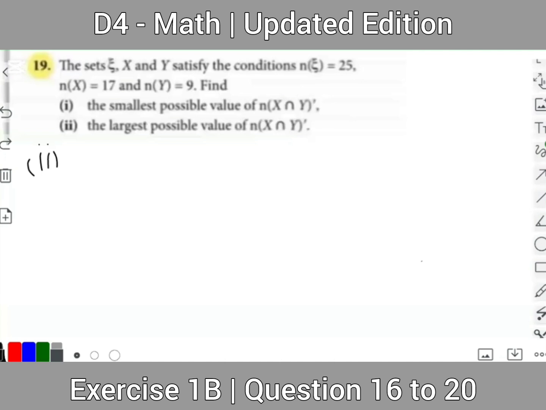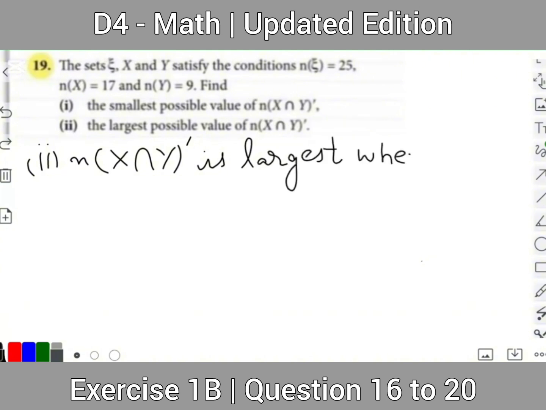Now in part 2, we have to find out the largest possible value of n of (x intersection y) whole complement. So for this, n of (x intersection y) whole complement is largest when n of x intersection y is the smallest.